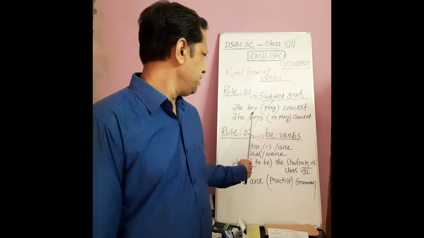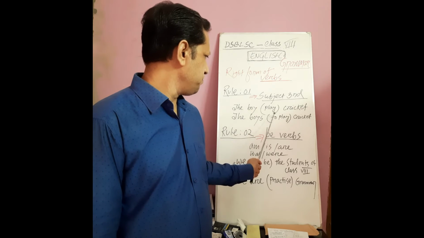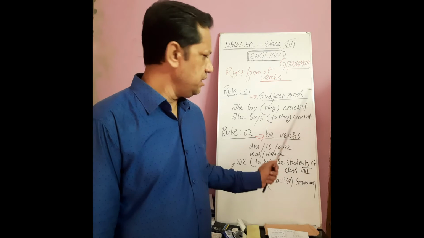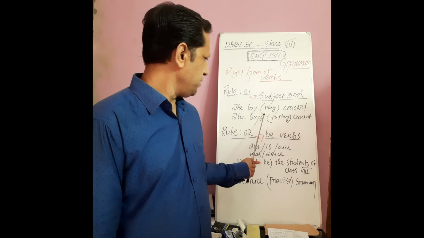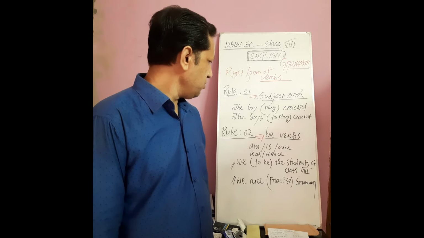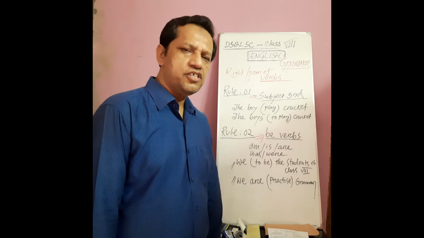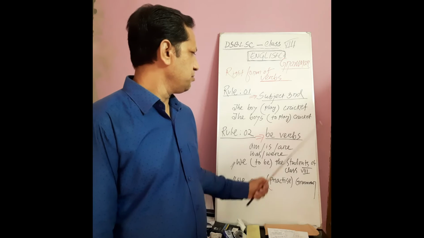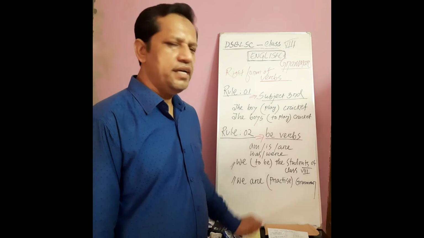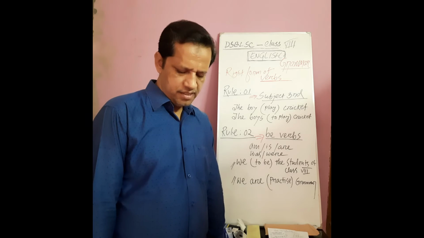The boy play cricket. Here easily we can realize the main verb is play, and you have to make the correct form of verbs. We can see the subject is the boy, and the boy is third person singular number.